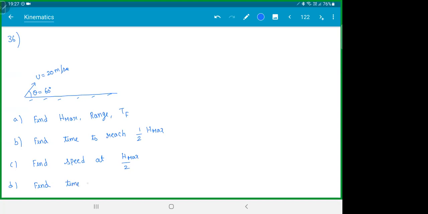Find time when velocity makes 45 degrees with the horizontal. Find average velocity when it reaches h max.